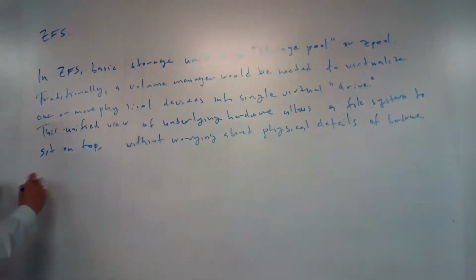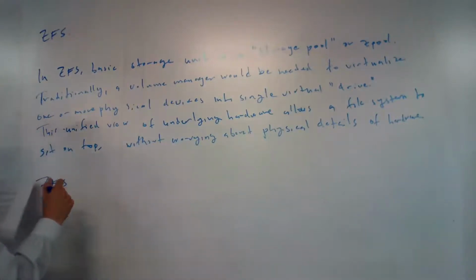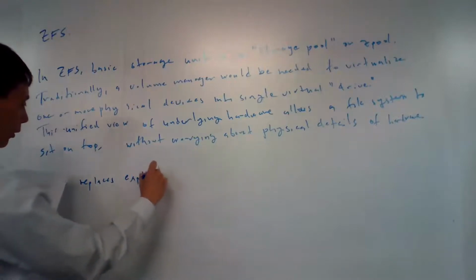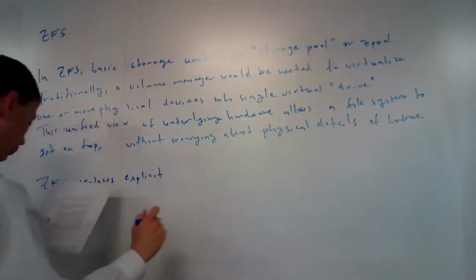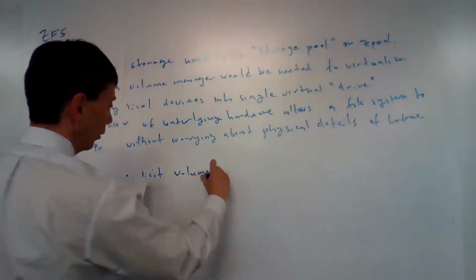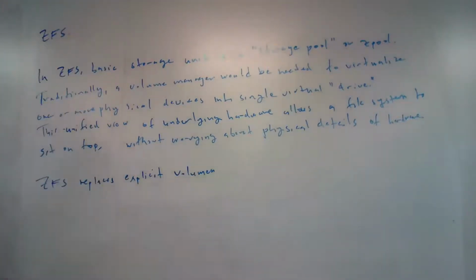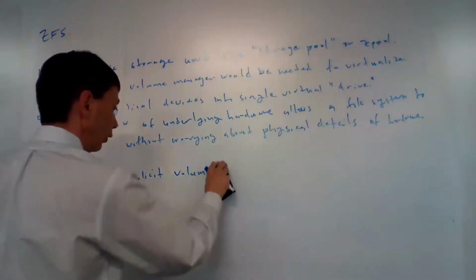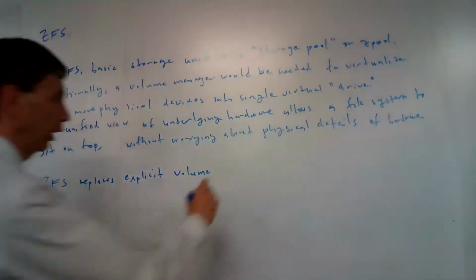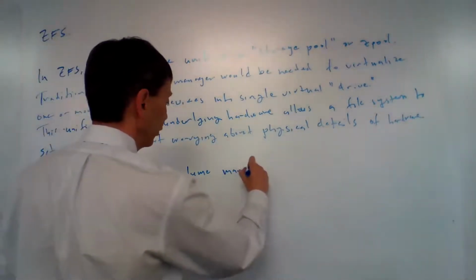So ZFS is a little bit different than RAID because it replaces explicit volume management. Okay. So in ZFS, unlike RAID, you don't set up the hard drives into some RAID level and then start using them.